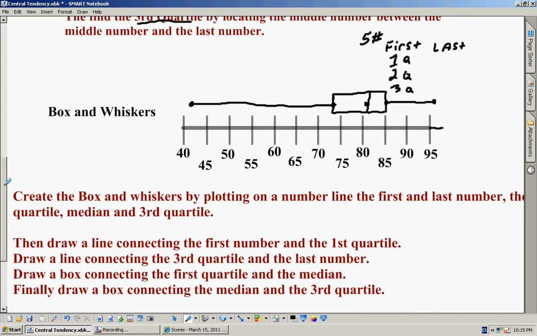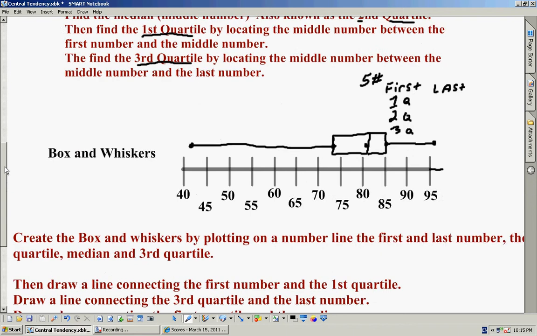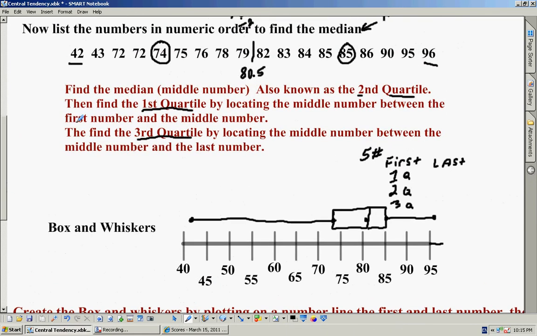Let's see if that makes sense. See, notice you had just a few out here on the outskirts, and on the outskirts here, but most of it fell right in the group right here. The majority of the data fell right into this area right here.